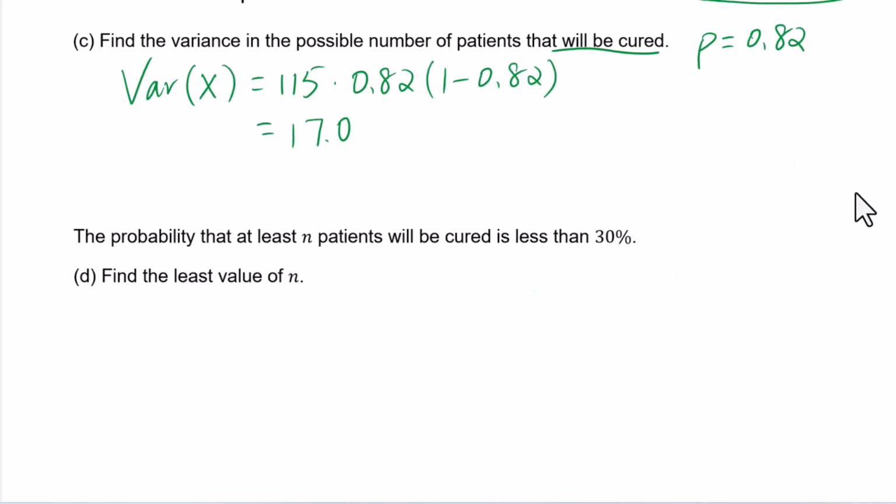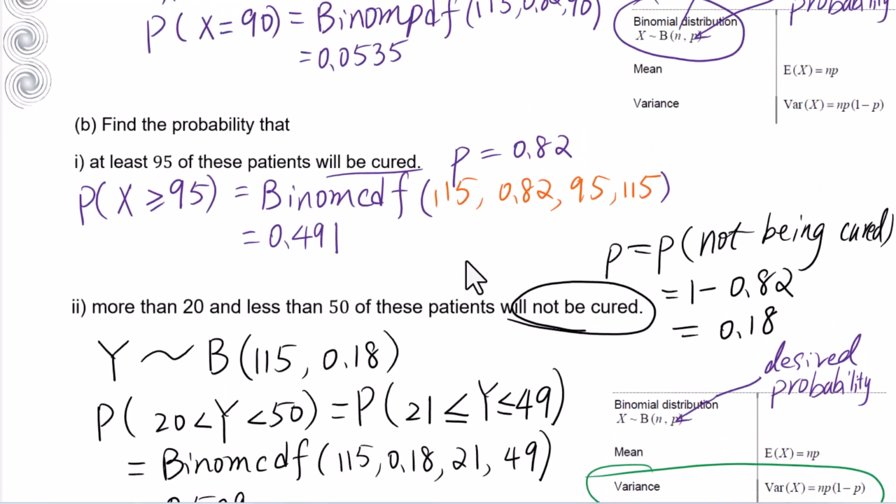which is 17.0. The probability that at least n patients will be cured is less than 30%. Find the least value of n. We are looking for the probability of X greater than or equal to n less than 0.30. Let's check back part B1.